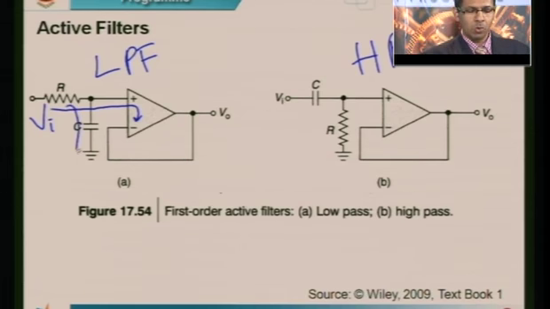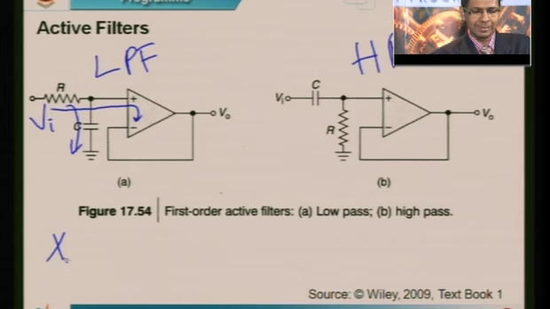Why does it not go through the capacitance? The reason is very simple. The capacitance offers what we call a capacitive reactance. Can anyone tell the equation for the capacitive reactance? Okay, here it goes.